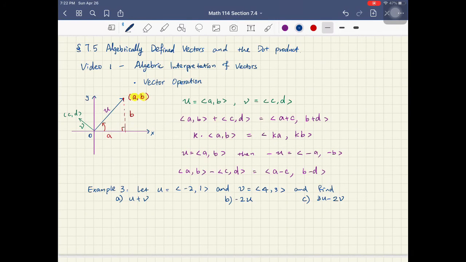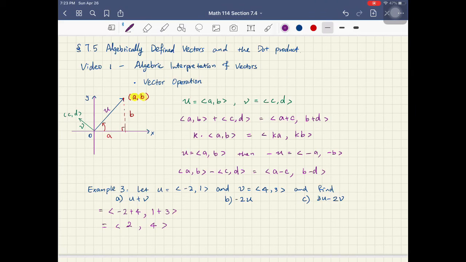Now let's look at an example. Example 3 says u is the vector negative 2 comma 1 and v is the vector 4 comma 3, and we want to find the following. A is u plus v, b is negative 2 times u, and c is 3 times u minus 2v. So to do it, I can use u plus v, which is negative 2 plus 4 comma 1 plus 3, which is 2 comma 4, and that's the vector u plus v.